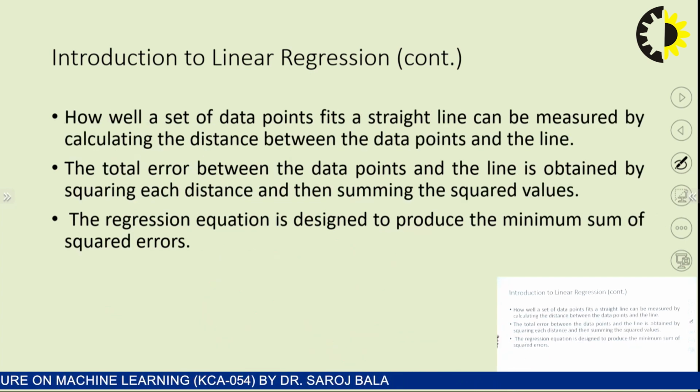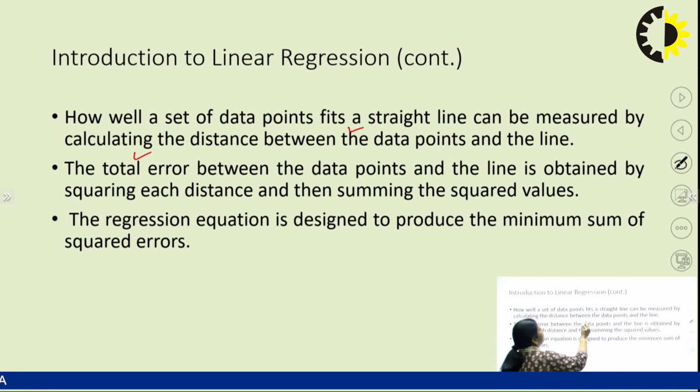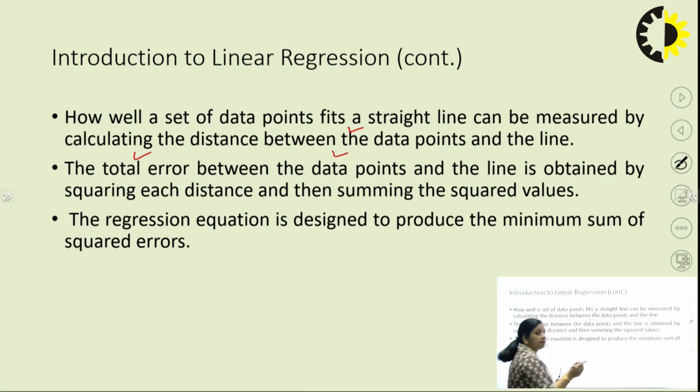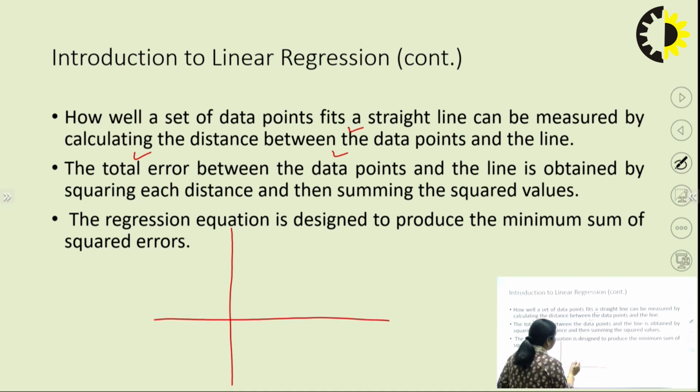How well a set of data points fits a straight line can also be measured. It is measured by calculating the distance between the data points and the line. So let us understand with an example. If I have these 4 points, 1, 2, 3, 4, I need to do the linear regression and find the best fit line.